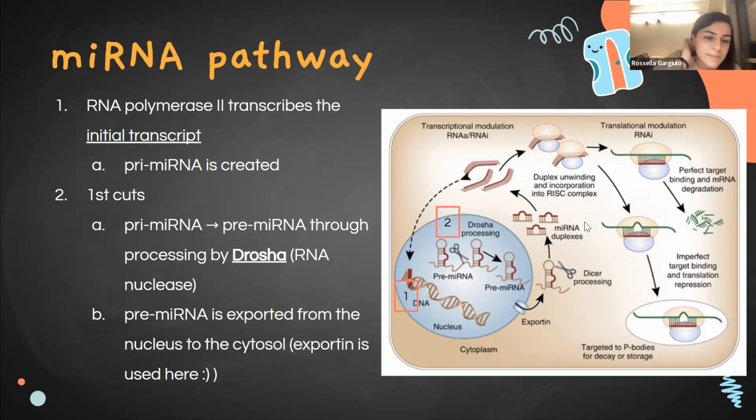Then RISC comes in, gets these duplexes and unwinds them so that it can get one single strand of RNA, because you see that the duplexes are double-stranded.